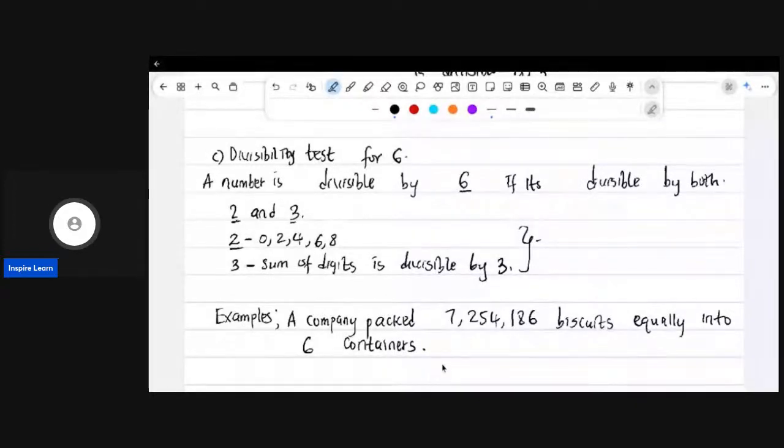Then the question is, is this possible? Is this possible?